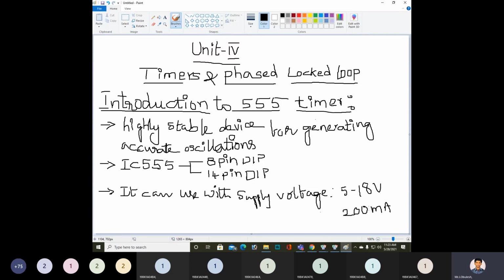Next point, it is compatible with both TTL and CMOS logic gates.